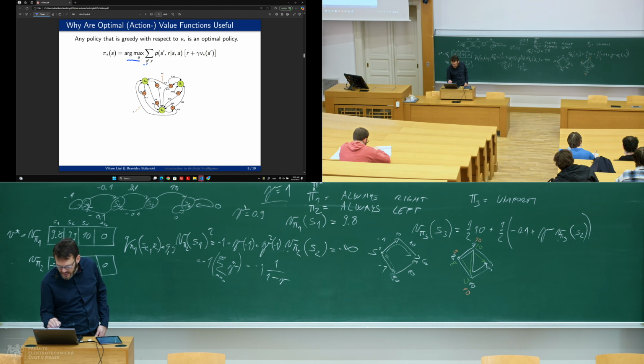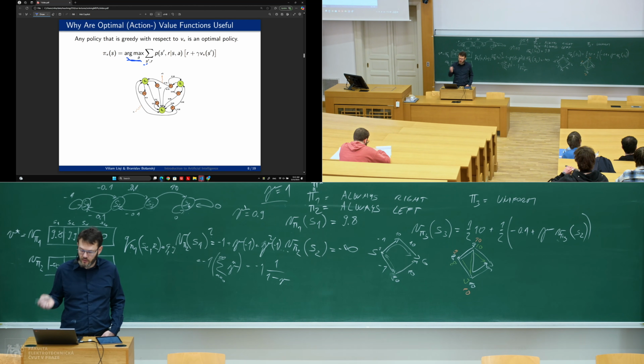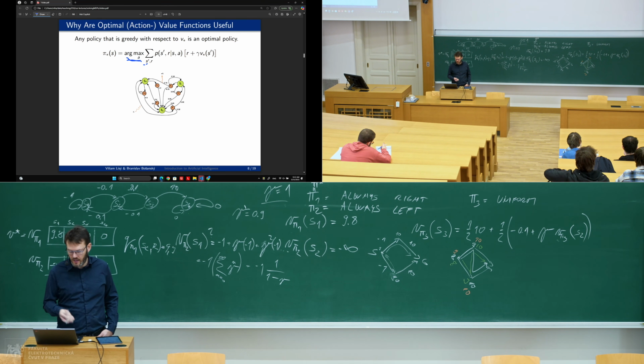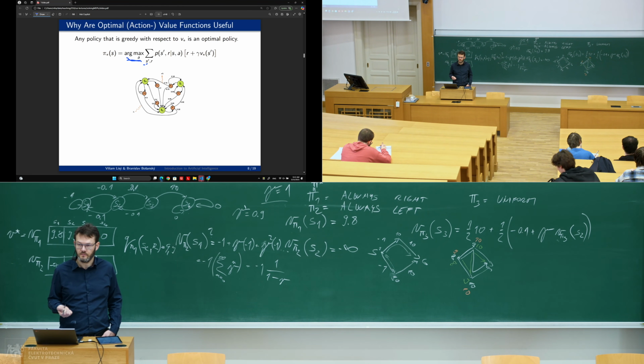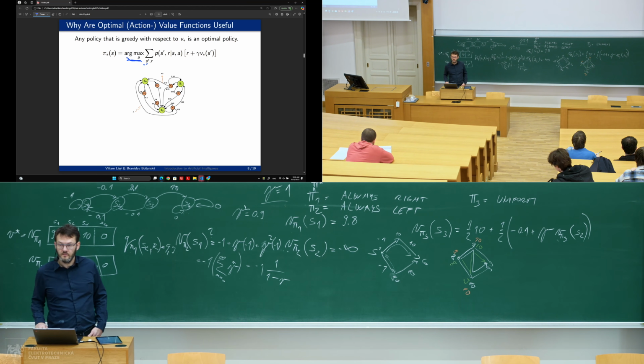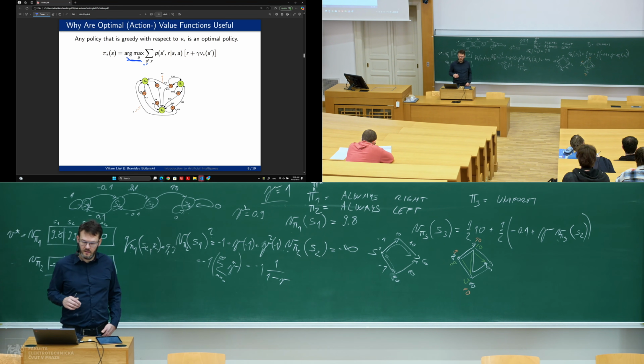And if you compute this for all actions and you pick the best action, you are greedy with respect to the value function, and you are performing the optimal policy. Any questions?